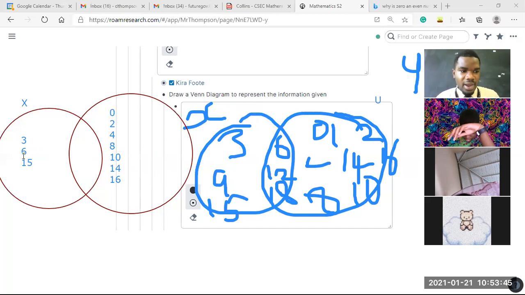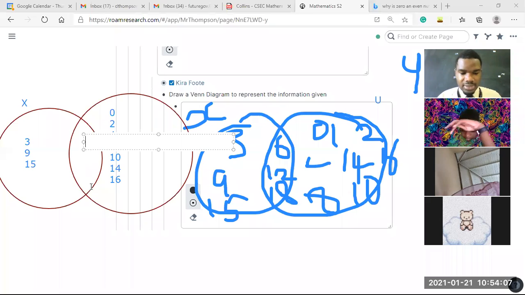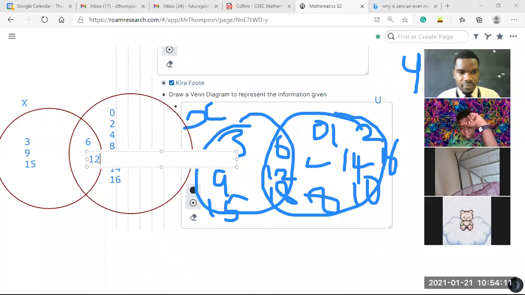Over here where I have 6 should be erased. My bad. It should be just 3, 9, and 15 over here. And now in the middle, we're going to add 6, 12, and 18.